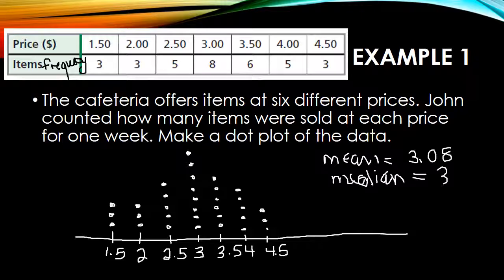These two values are very close to each other, which tells us that we don't have an outlier that affects the mean in this data set.